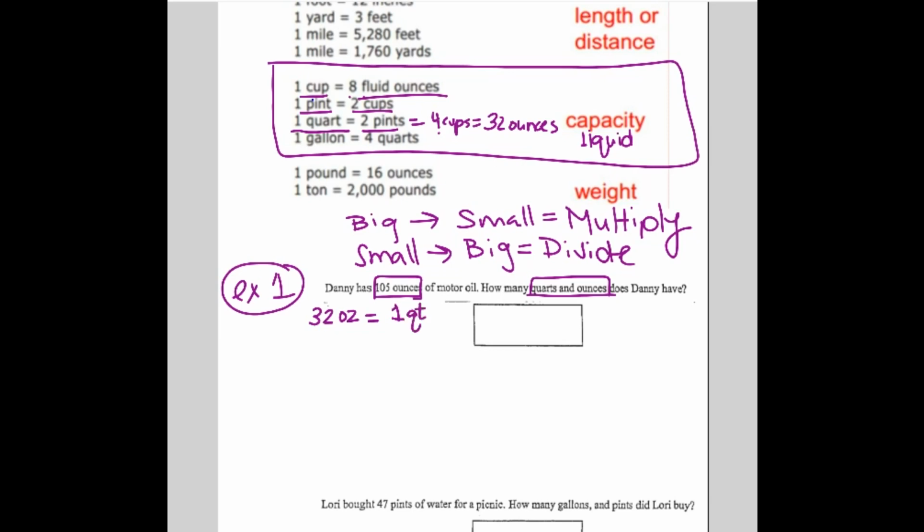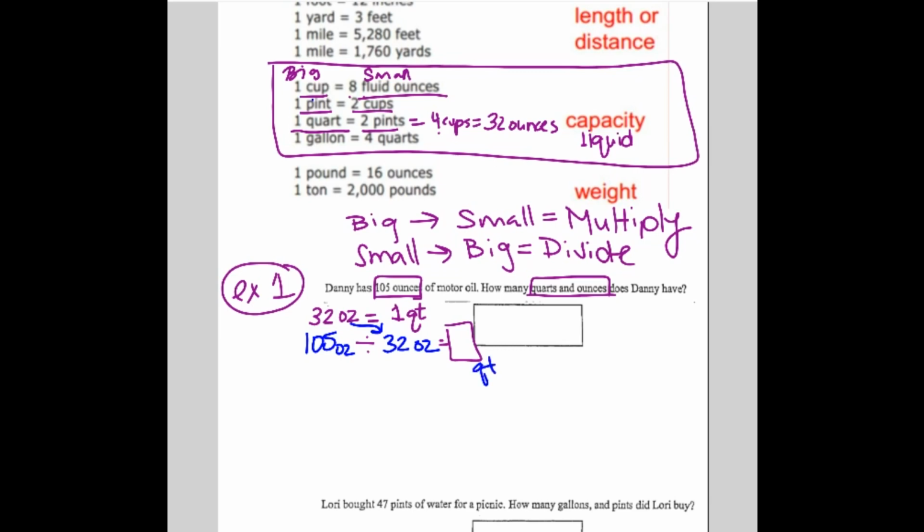Remember, big is on the left-hand side, smaller is on the right-hand side. So it looks like we're going from small to big, which means we do what? Divide. So now what are we dividing? I'm going to take my 105 ounces and divide them by the 32 ounces that is found in 1 quart. That way, our answer gives us how many quarts we need.